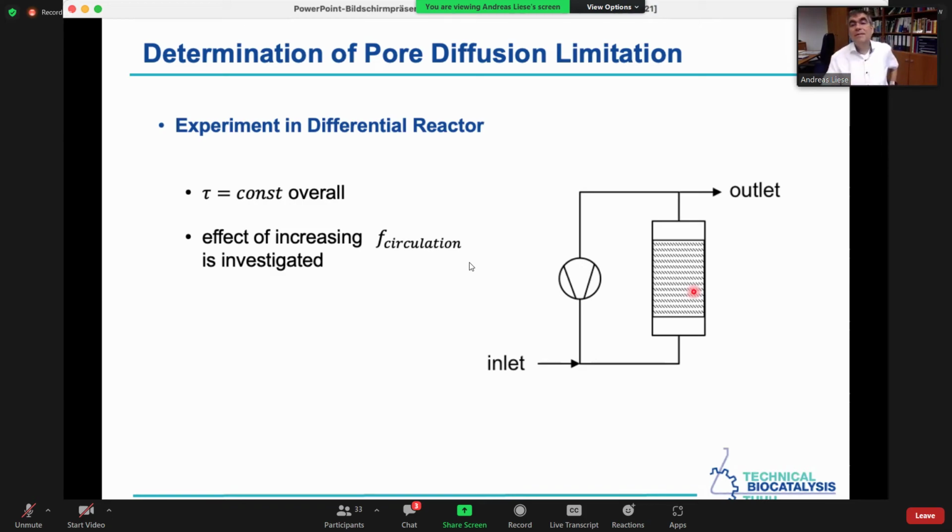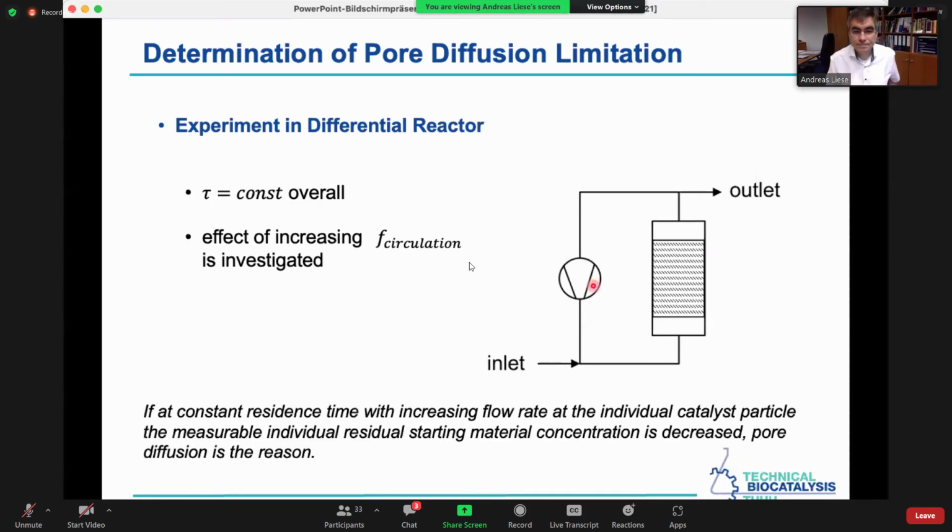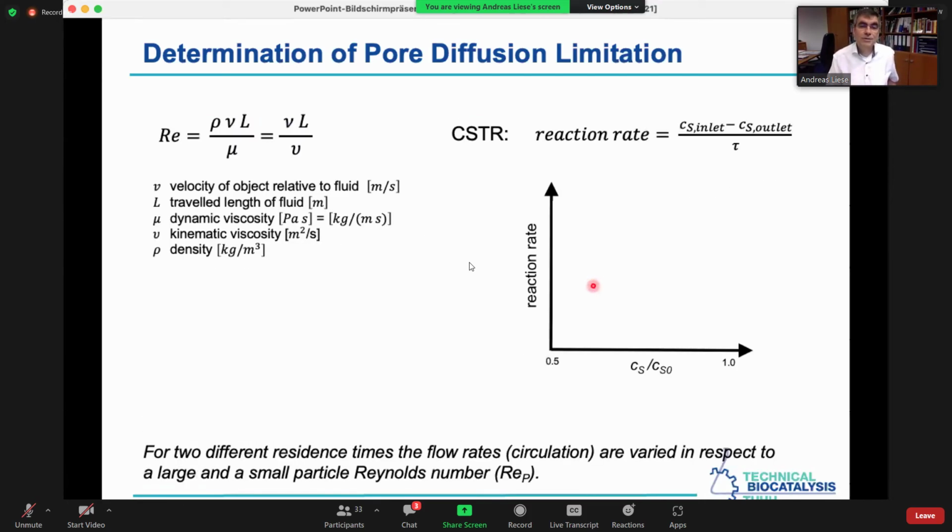Then the conversion at the outlet will not be determined by the inlet flux from the inlet pump. It will be determined by the circulation loop flux set up by the circulation loop pump. That's the trick.